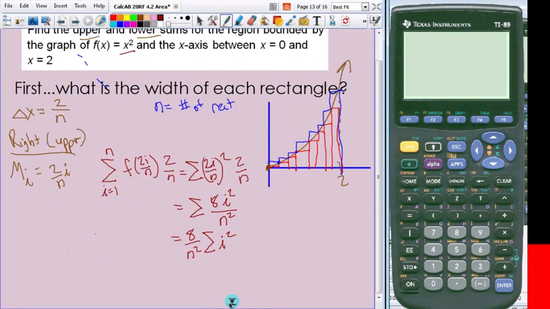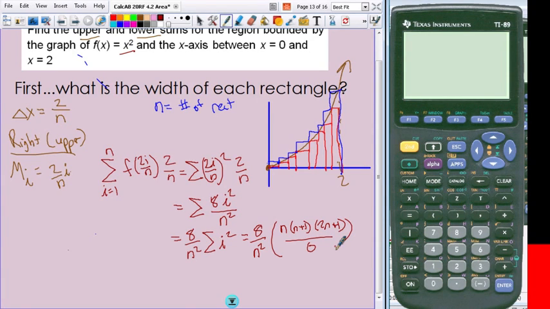Cool. Now I have to go back to those formulas on that one page. So you wrote down your notes. The sum of i squared from i equals 1 to n is going to be n times n plus 1 times 2n plus 1 over 6. This looks fun.